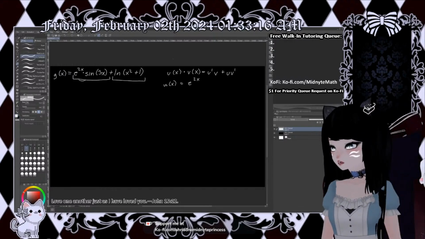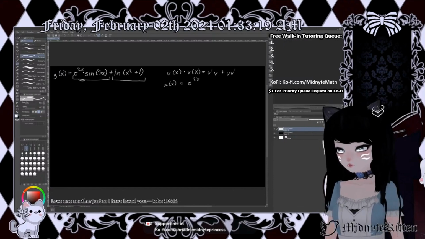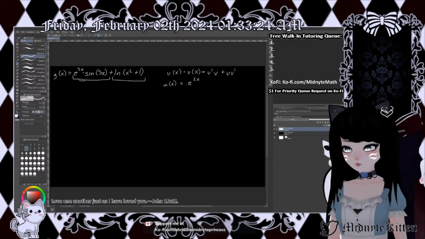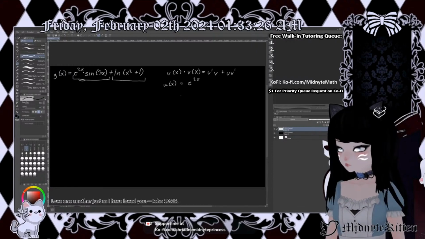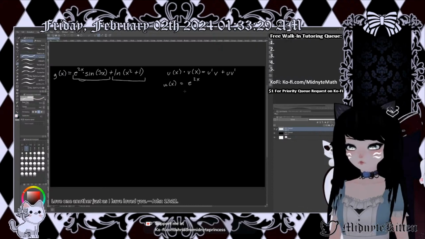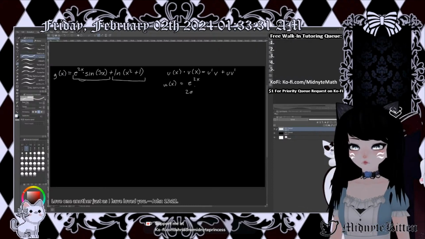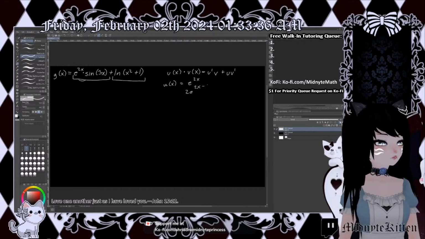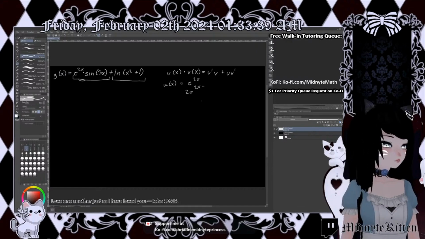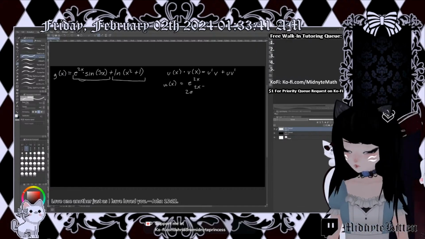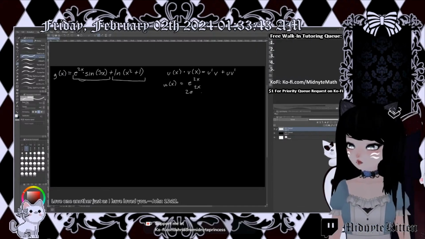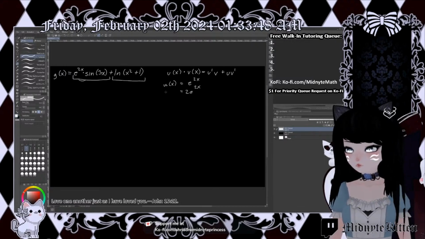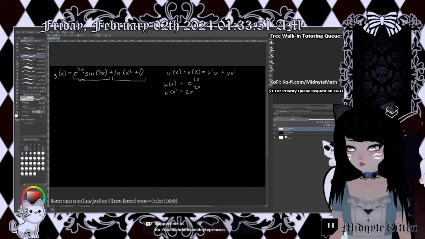Okay, so you multiply the coefficient to the front of e. In this case, it would be 2e to the 2x. Oh no, it's just 2x. So we don't subtract 1 in this case. The derivative of u is that.